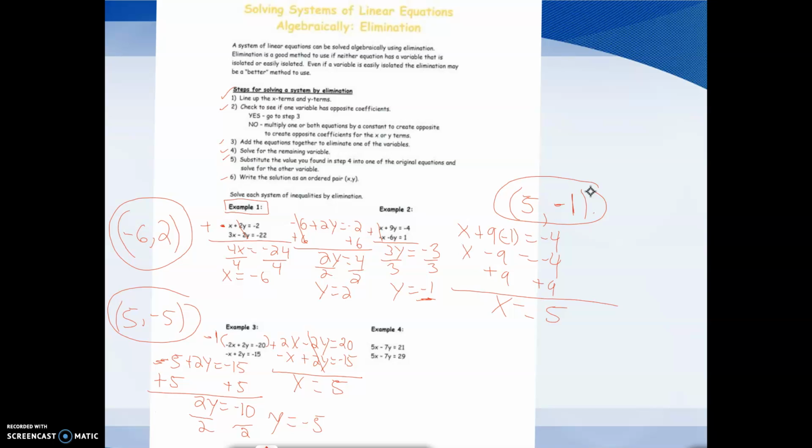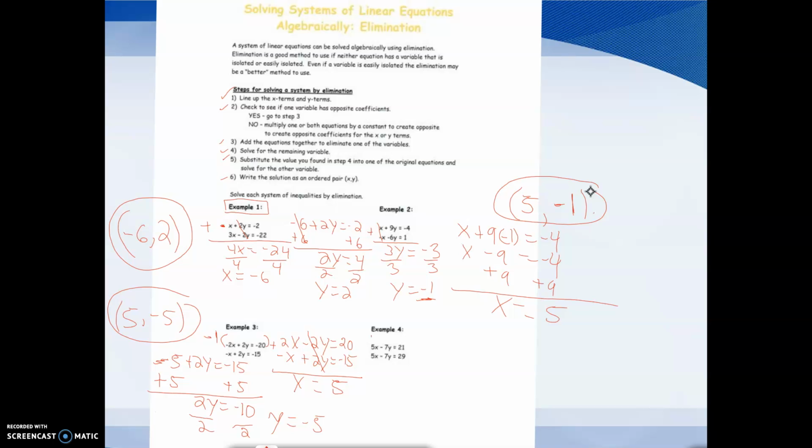Again, you have the variables all lined up, right? I got the x's and the y's lined up. Okay. You'll notice that I could cancel out the x's or the y's, right? By multiplying by a negative.